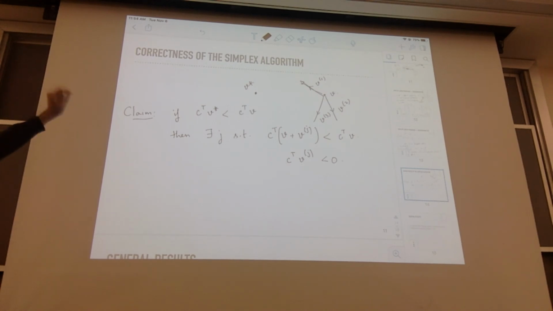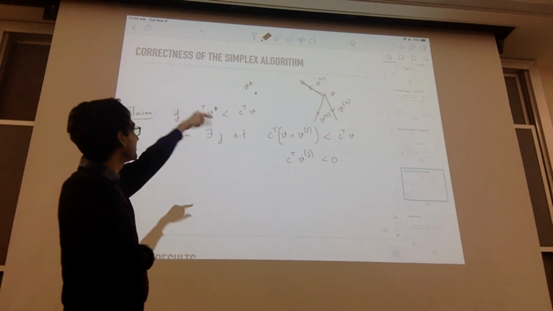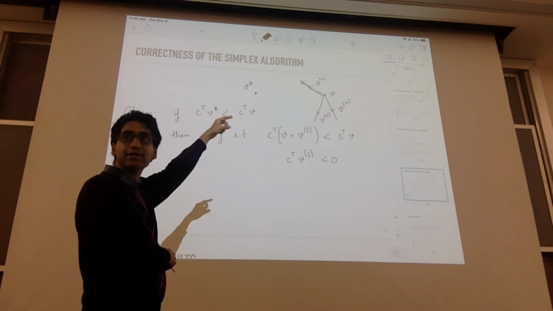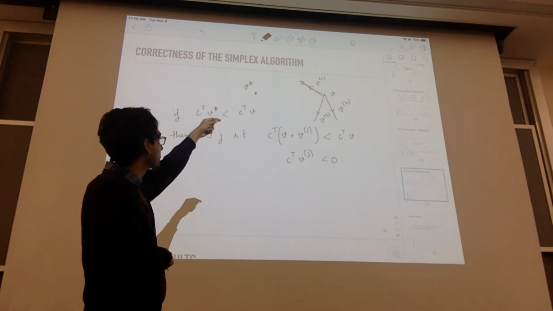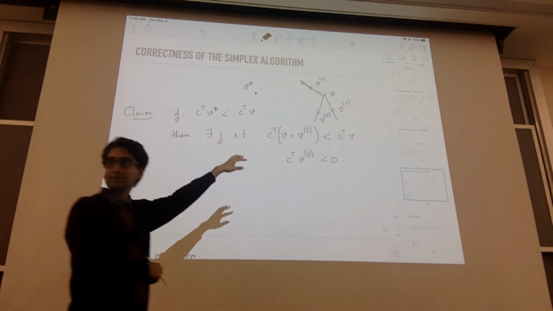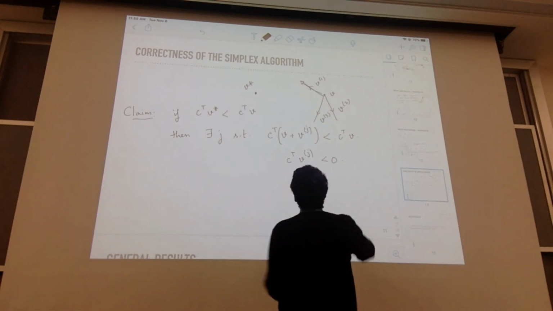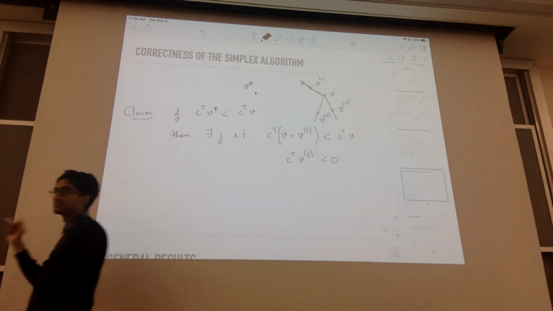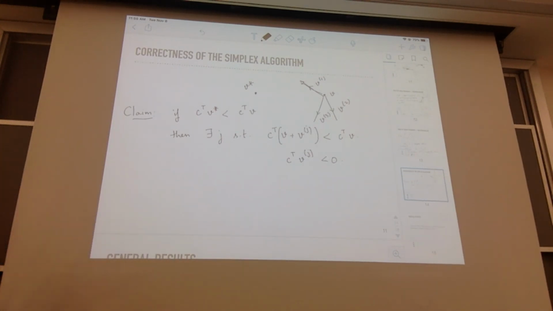If V1 is that direction and V2 is this direction, moving from V along V1 is like saying you go from V to V plus V1. Moving along Vj means you move from V to V plus Vj. We are saying that moving to one of the neighbors reduces the cost.